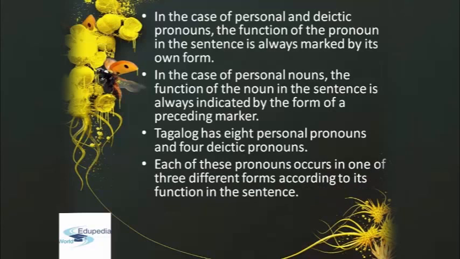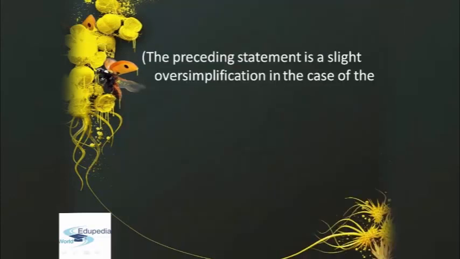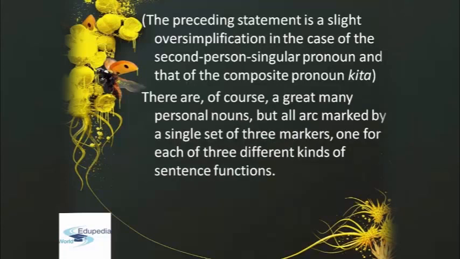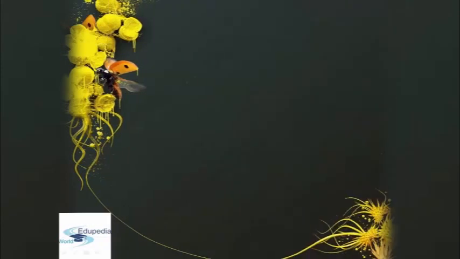Each of these pronouns occurs in one of 3 different forms, according to its function in the sentence. The preceding statement is a slight oversimplification in the case of the second person singular pronoun and that of the composite pronoun kita. There are, of course, a great many personal nouns, but all are marked by a single set of 3 markers, one for each of 3 different kinds of sentence functions.